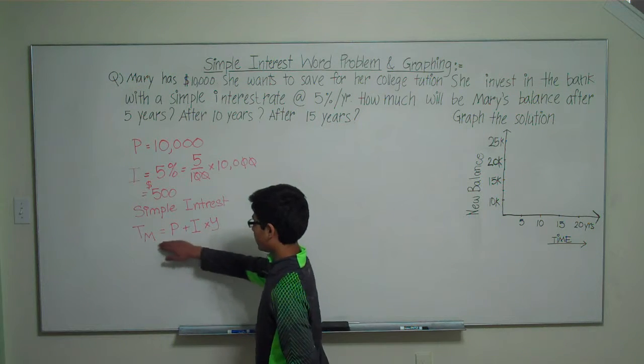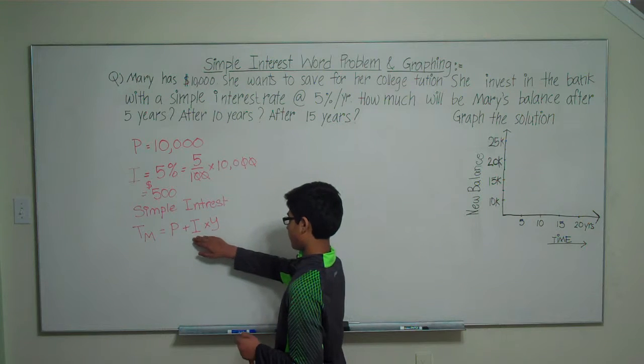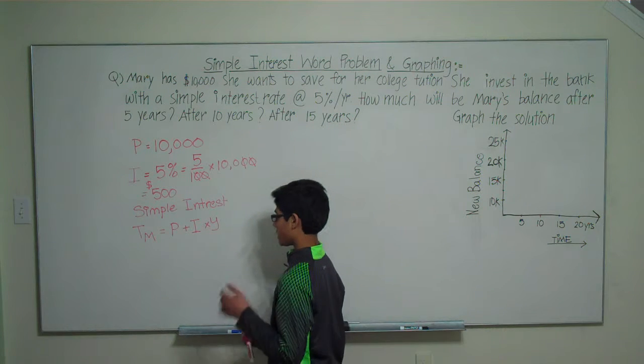So the total money is equal to the principal plus the interest times the amount of years.